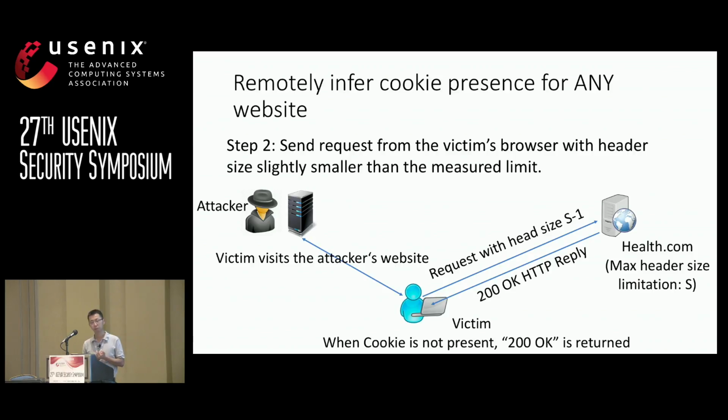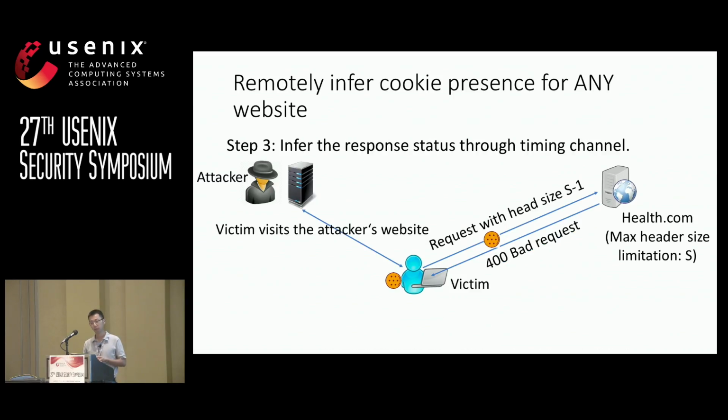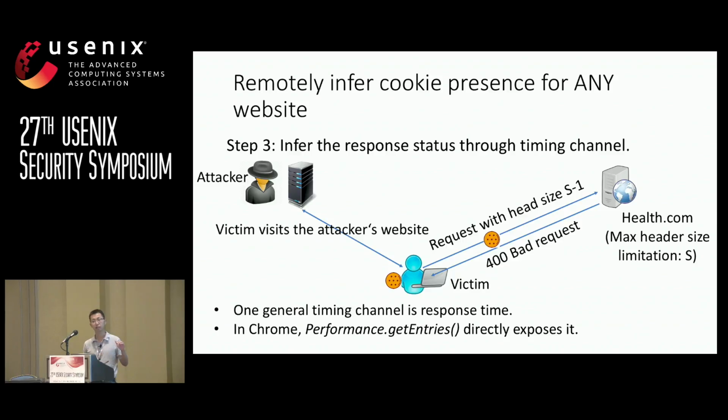But here is a problem. In fact, the attacker cannot directly observe whether a response code is 200 or 400. So the attacker needs to infer the response code through a timing channel. One general timing channel is response time.